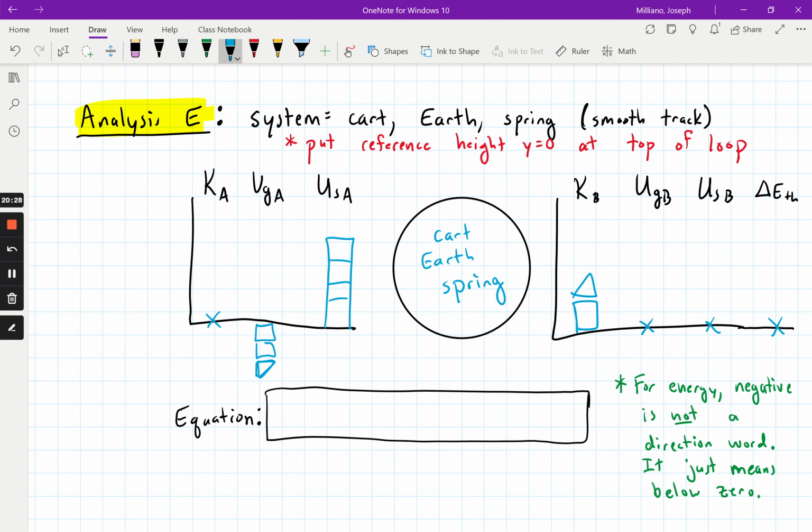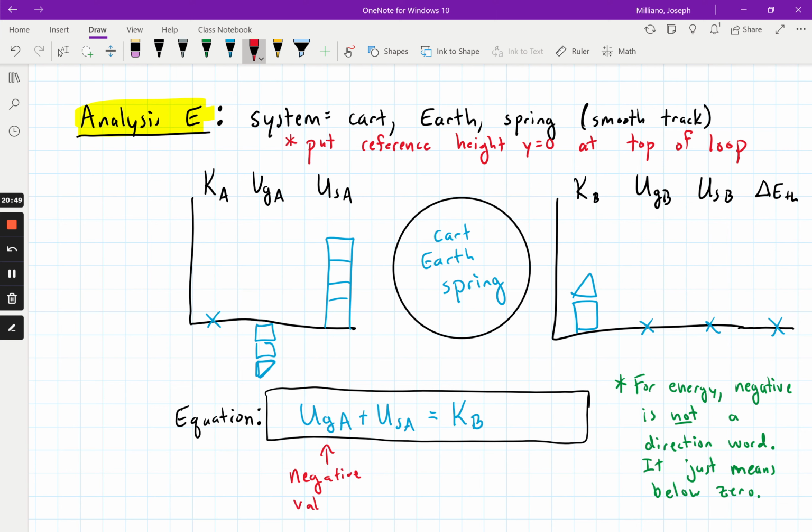And so our equation in analysis E looks like this. The gravitational potential energy for snapshot A plus the spring potential energy for snapshot A is equal to the kinetic energy in snapshot B, but we're keeping in mind that this is a negative value.